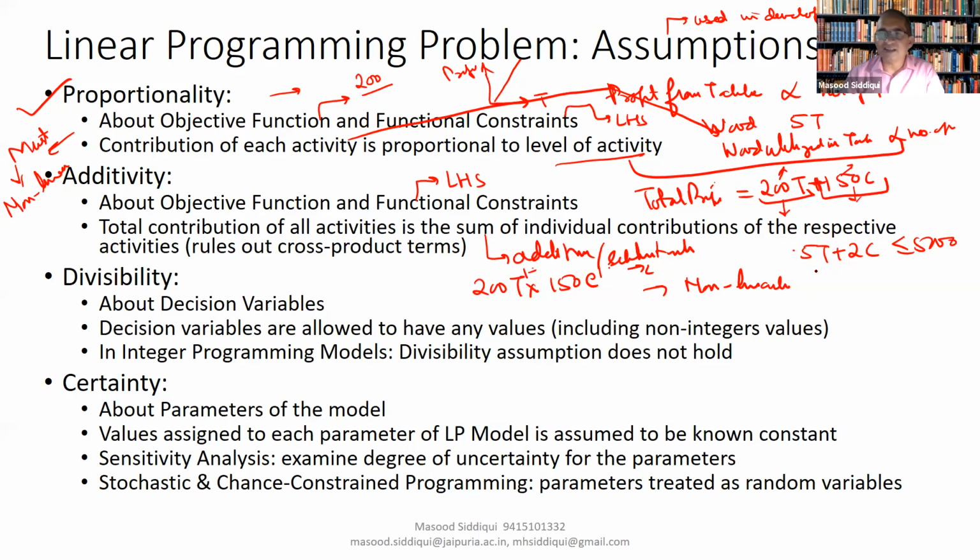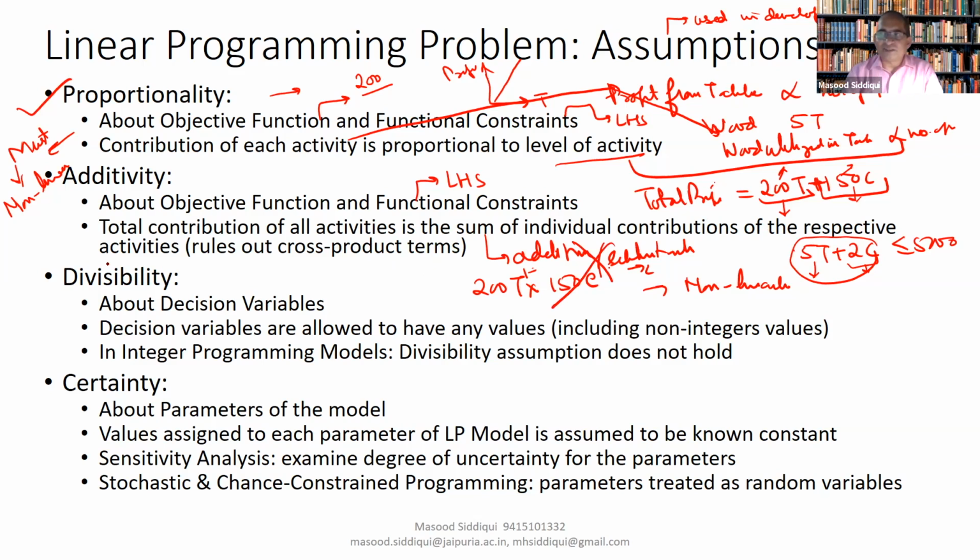In the same manner, on the left-hand side of the functional constraint, this is the wood utilization by the tables and this is the individual contribution by the chairs, and for the total contribution of the entire activity we have to sum. We don't multiply the things. So the total contribution of activities is the sum of the individual contributions of the respective activities. It rules out cross product terms.